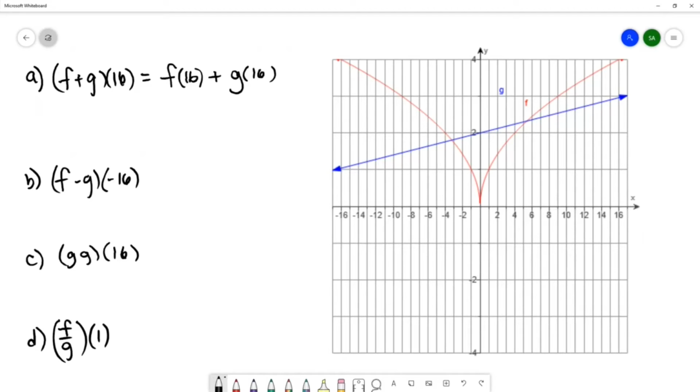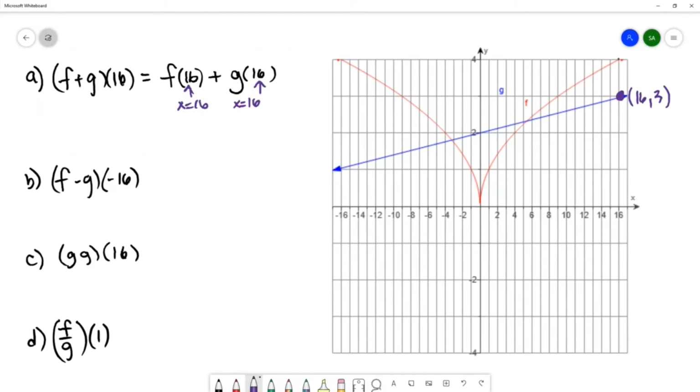So I want to identify an x value of 16 on f and an x value of 16 on g. So over here on the right hand side, I can identify on the graph of g a y value of 3, so that's 16,3.